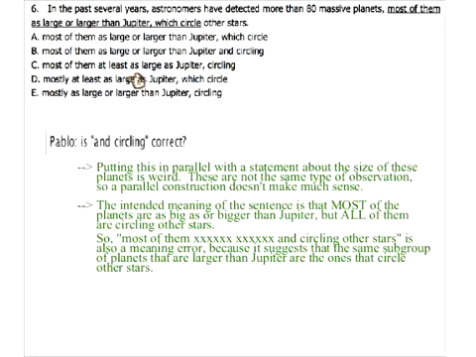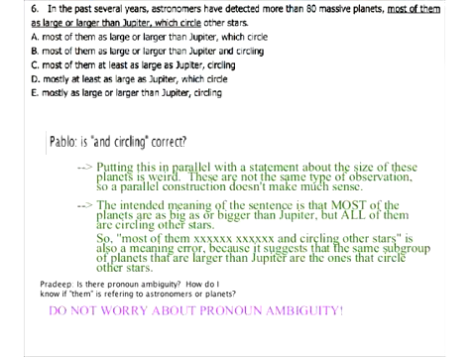There's a question about pronoun ambiguity. I think we actually did a study hall on this, but in general, the best way to deal with pronoun ambiguity is just not to worry about it. Pronoun ambiguity is tested in exactly one problem in the entirety of OG 12, OG supplement, and GMATPrep.